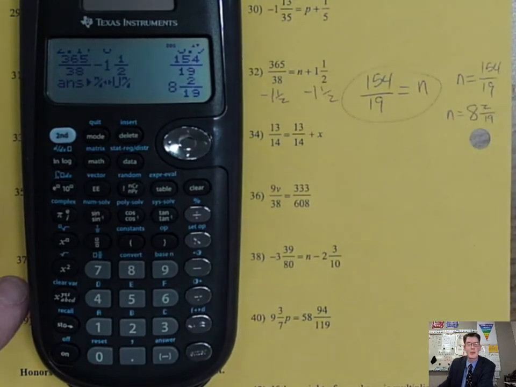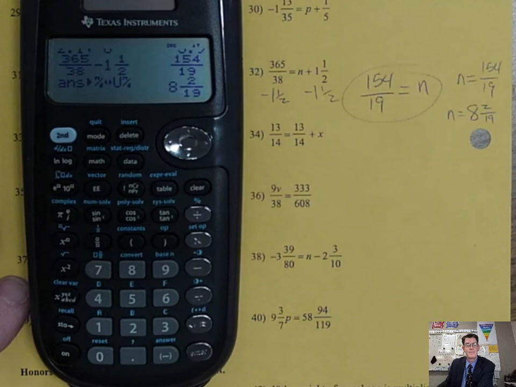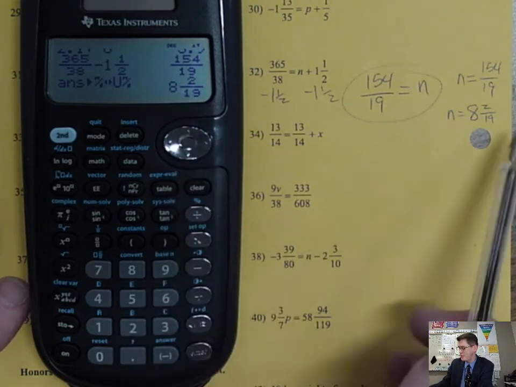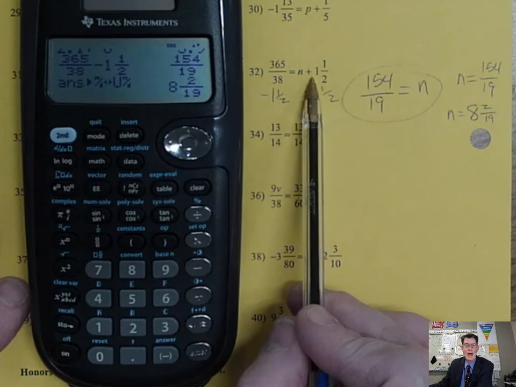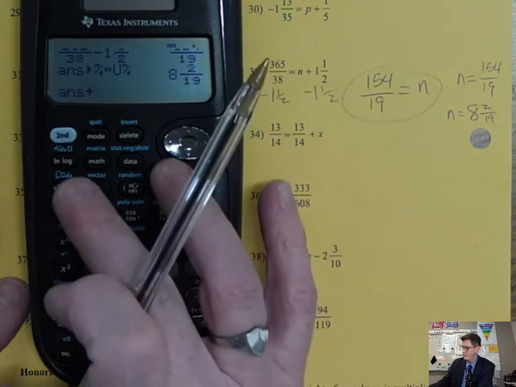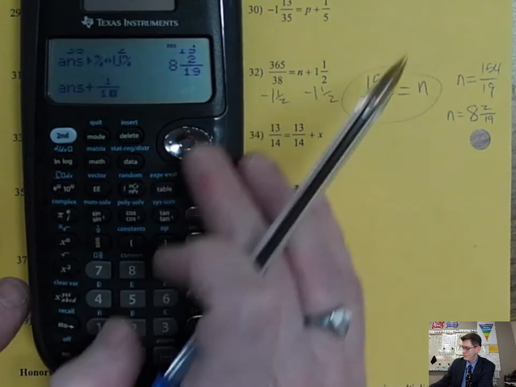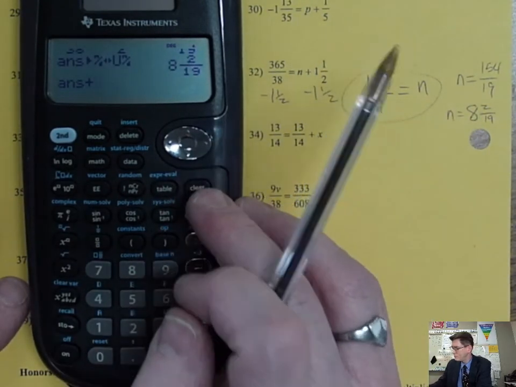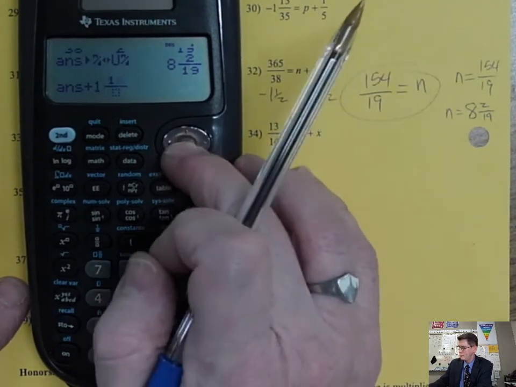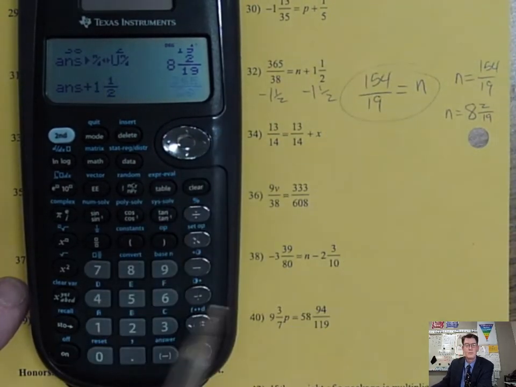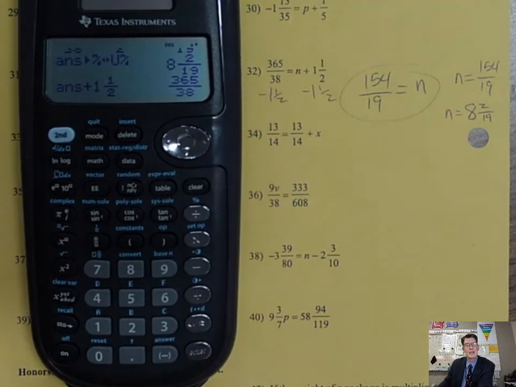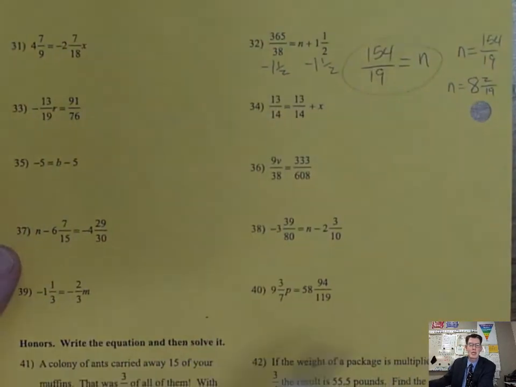It's the same thing. The way to check your work is put that back in. So take 8 2/19 and add 1.5. Do you get the number that we just had? Yes, we did. So that's what I mean by check your work.